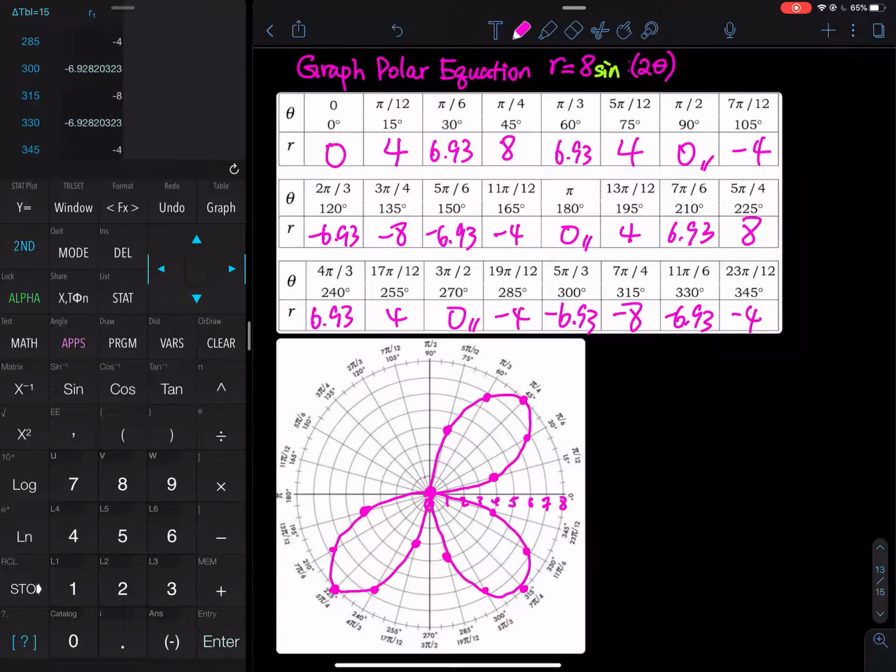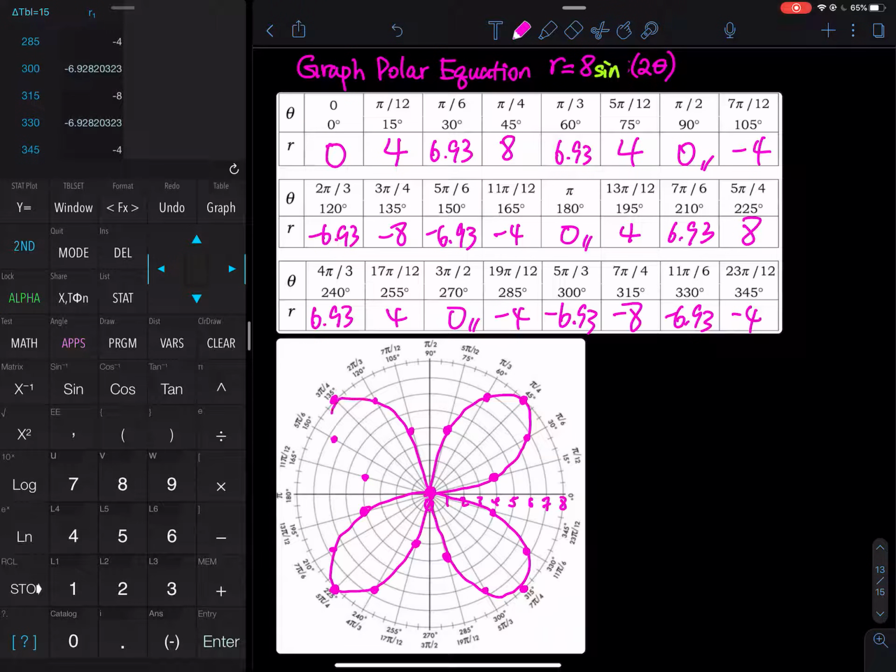We have to flip 180 degrees, so we are plotting points in quadrant 2. So -4 will be 1, 2, 3, 4, and then 6.93, 8, 6.93, and then -4, and then 0. So we go this way.